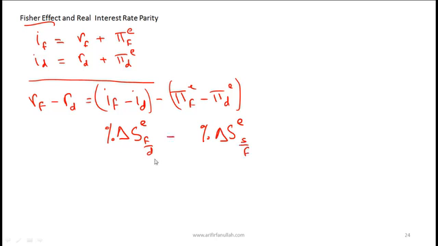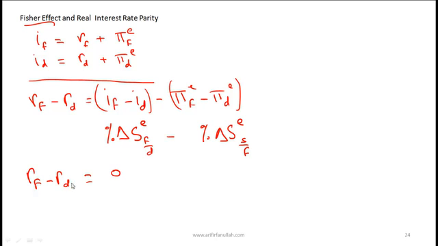So what this means is that if both uncovered interest rate parity and relative purchasing power parity hold, then essentially we have the same number minus the same number. So this is 0, which means that the real interest rate differential between the foreign currency and the domestic currency is 0. In other words, the real interest rate is the same in both currencies.